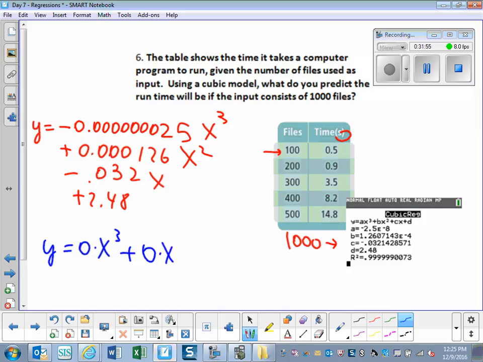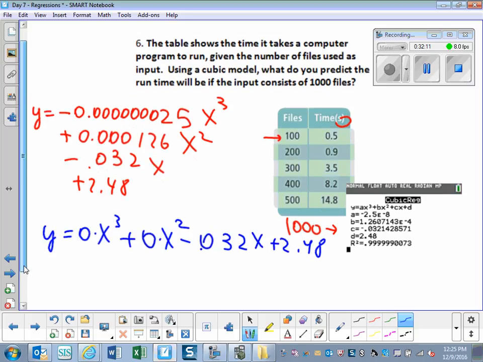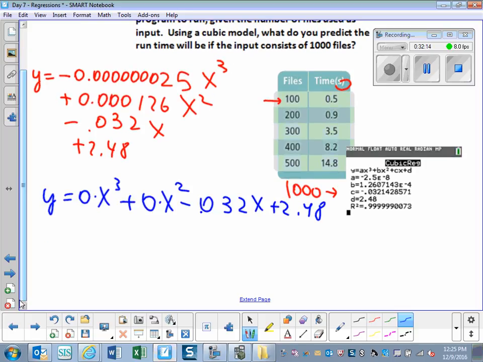So I put 0 x to the power of 2. And then I take minus 0.032x plus 2.48. So if I round to the second decimal, this is the model that I get, right?